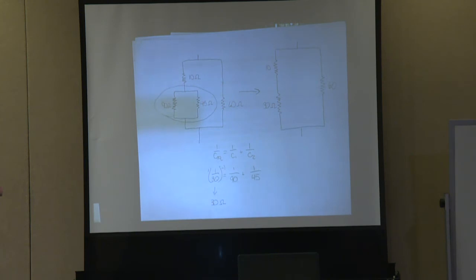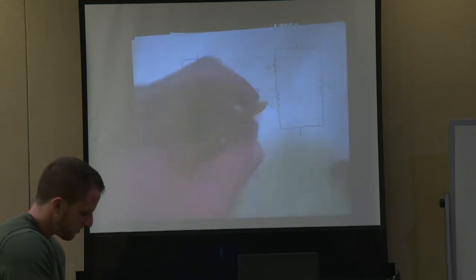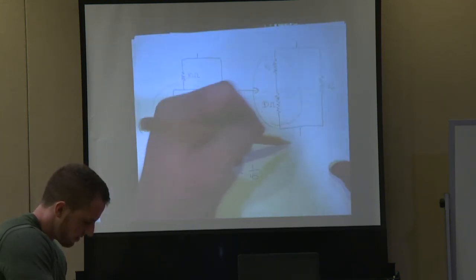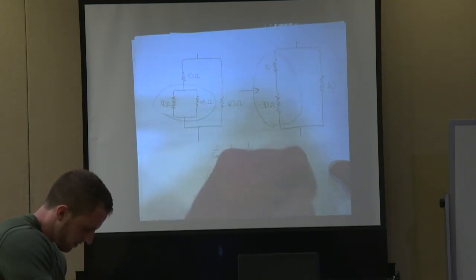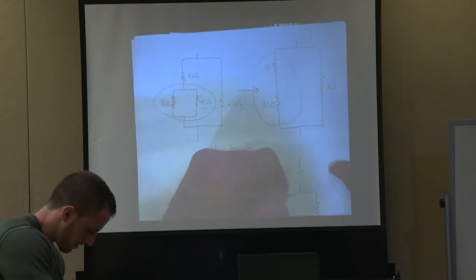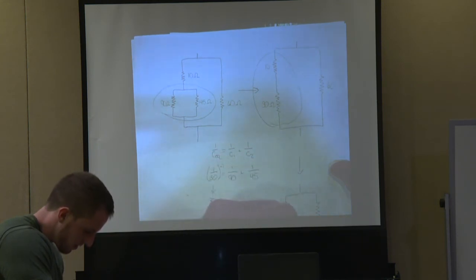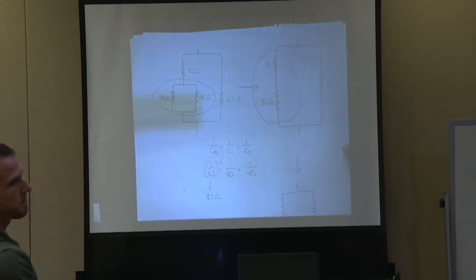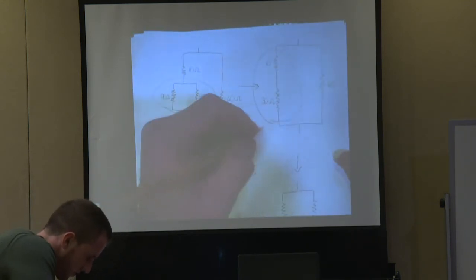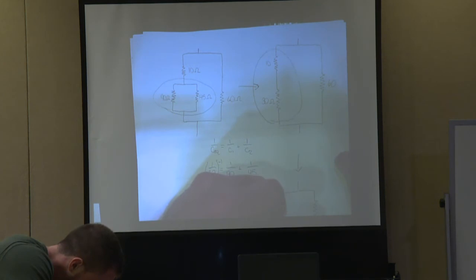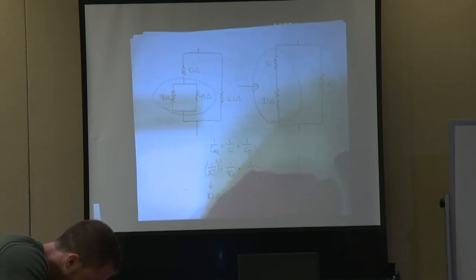Then next we have 2 resistors in series or parallel. Very good. So we're going to take these 2. Combine them again. And how do we add resistors in series? Very good. They just add together. So that'll turn into 40 ohms and 60 ohms.